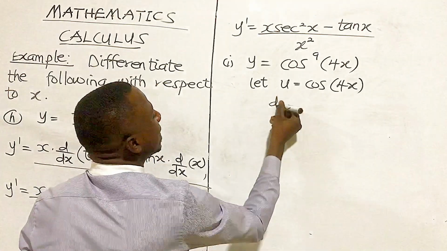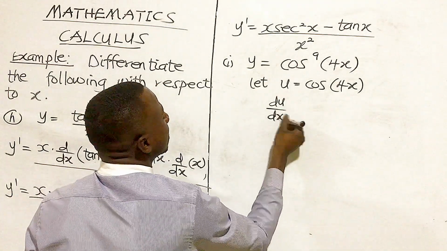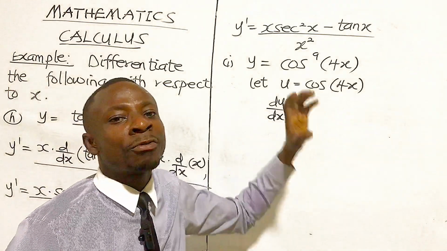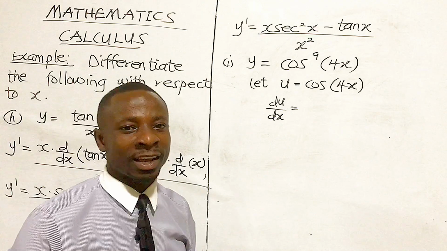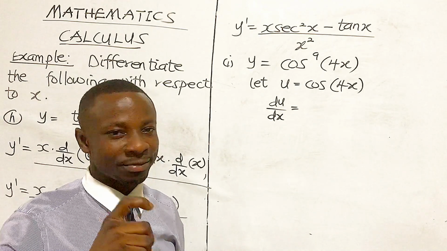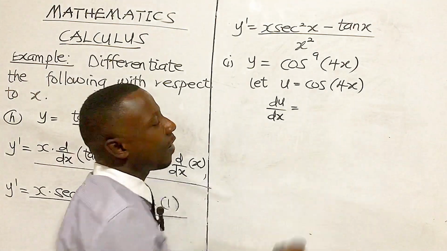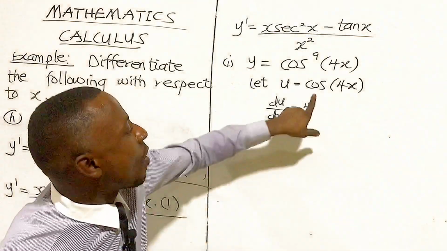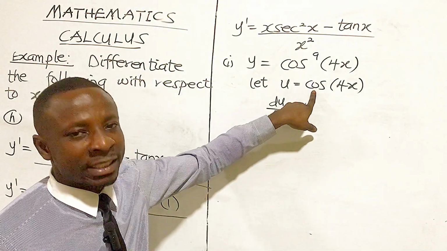So we have du over dx is equal to, from the bracket we have 4x, and that is where we are going to differentiate from. So when I differentiate 4x, I have 4. Then I will now differentiate the cos itself.